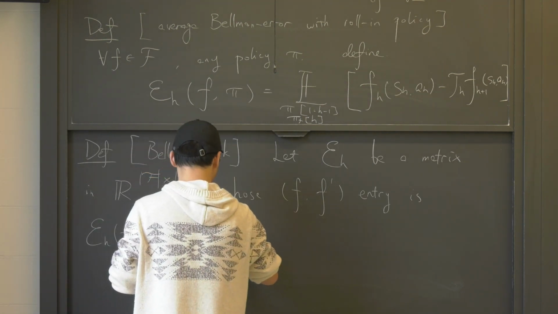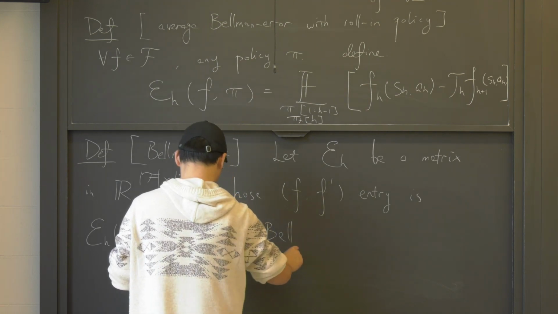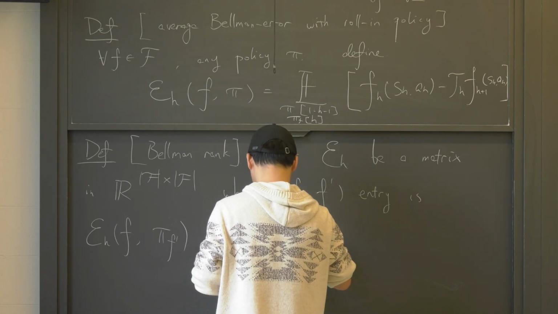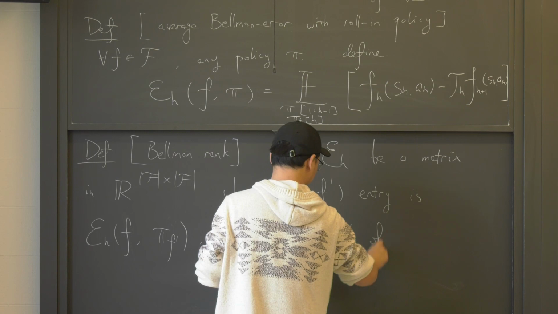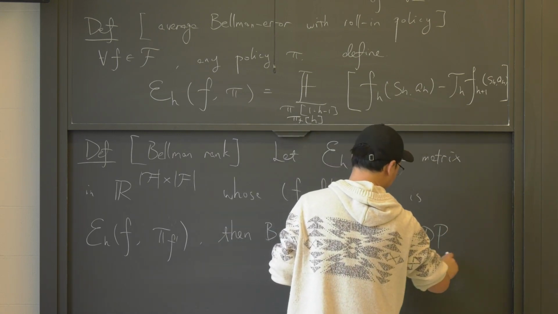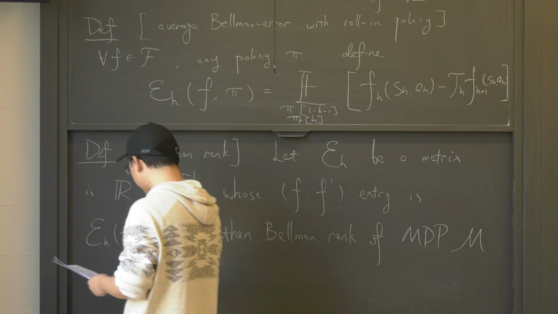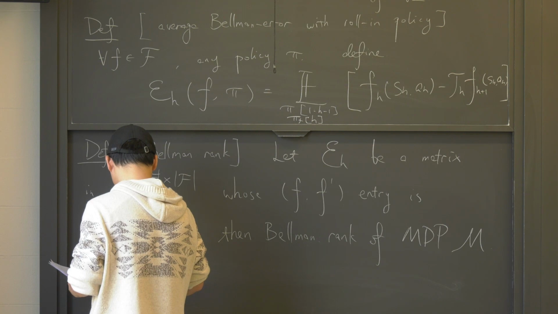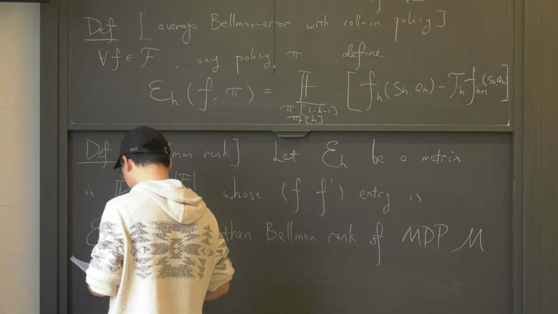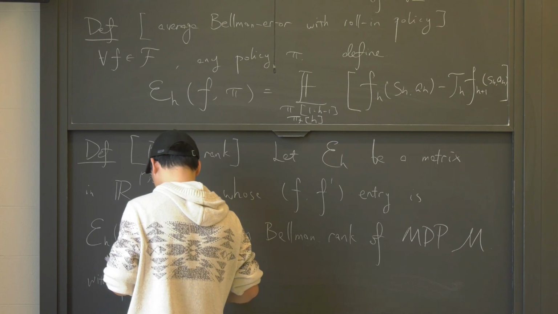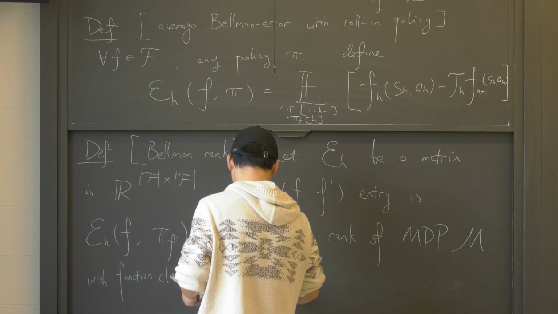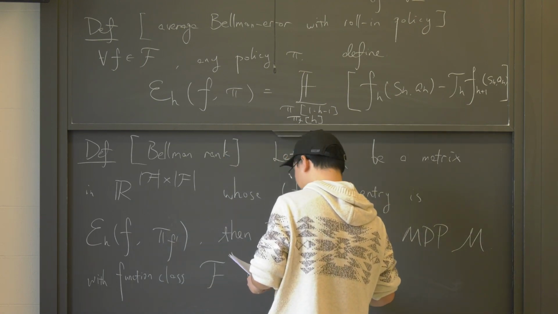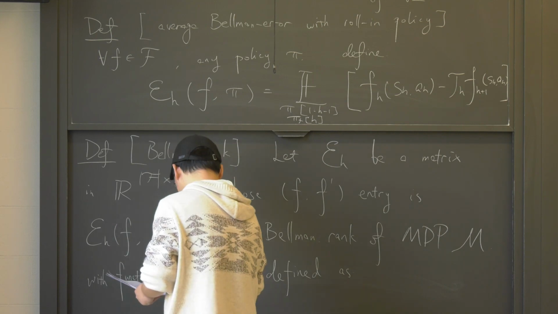So we define the Bellman rank of an MDP M with function class F as essentially the rank of this matrix.